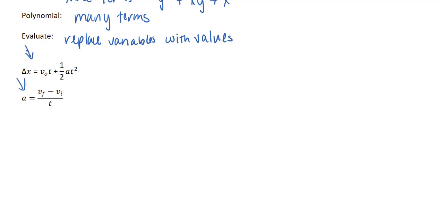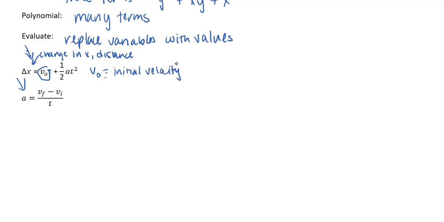These are physics equations. The first one is the difference in x, so kind of like the distance traveled, which is the change in x. V0 is our initial velocity.